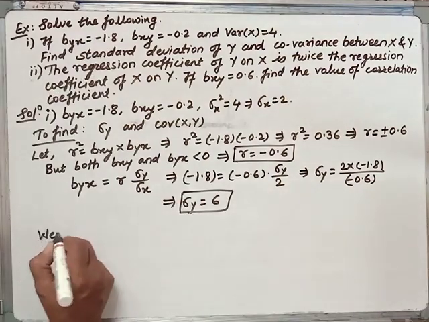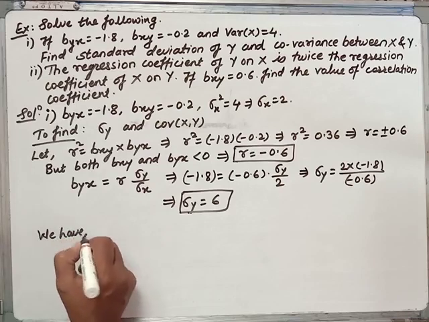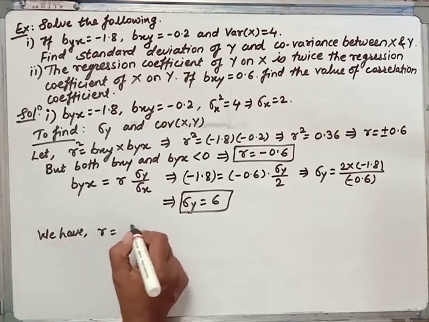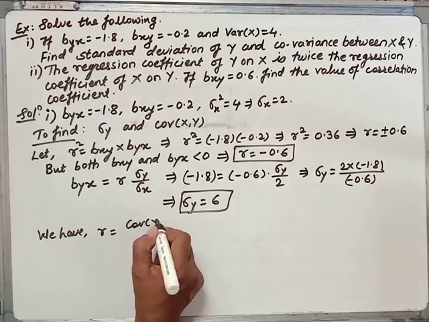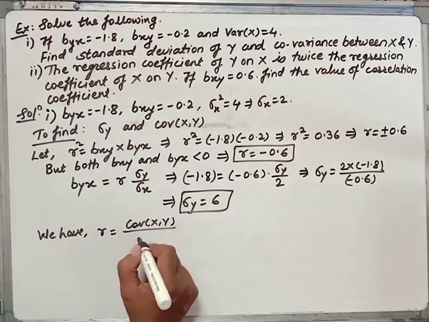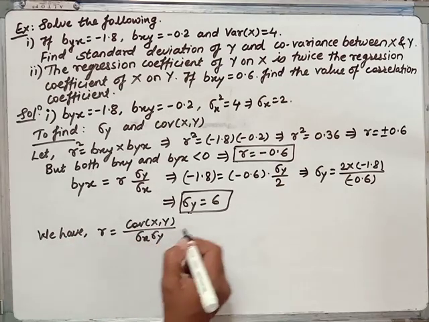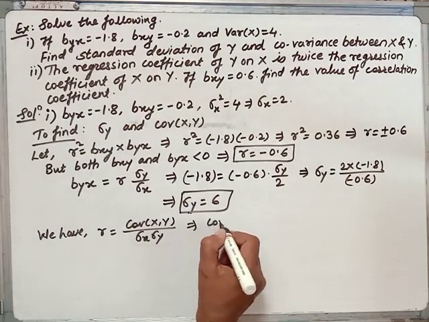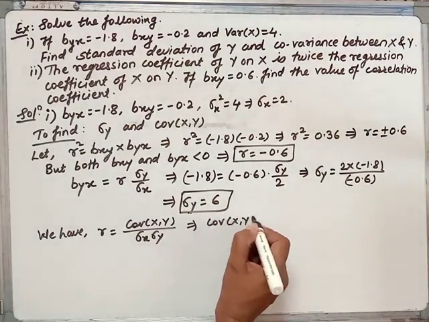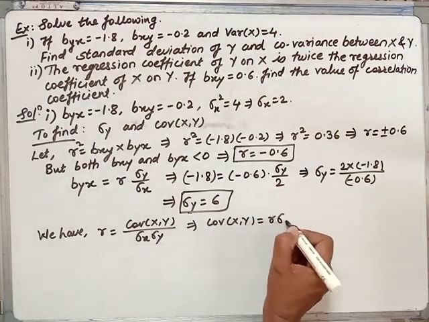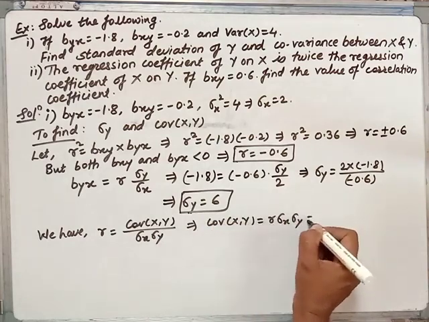Okay, now also we have to find covariance between x and y. For that we can use the result of r. r is covariance between x and y over sigma x sigma y, as we have both sigma x, sigma y and r also. So covariance between x and y is equal to r into sigma x, sigma y.